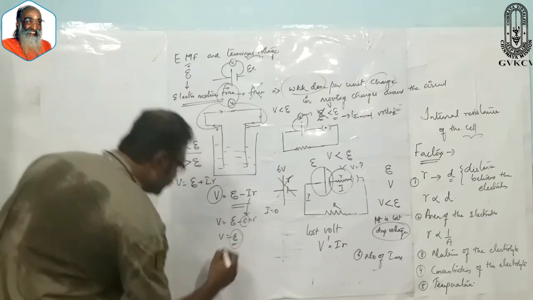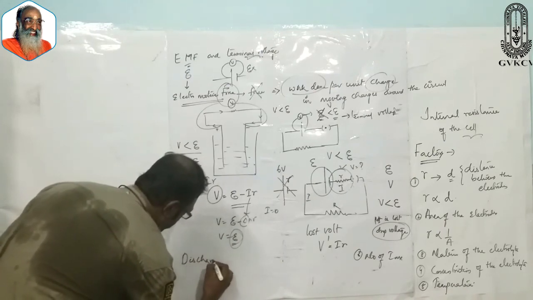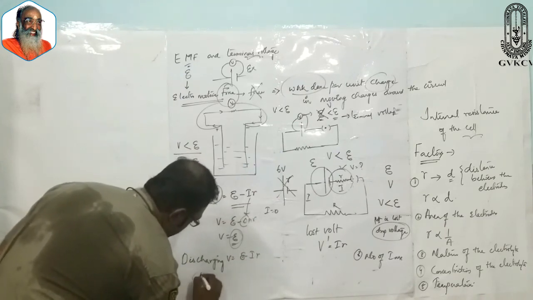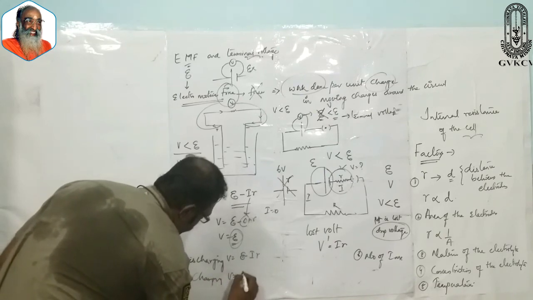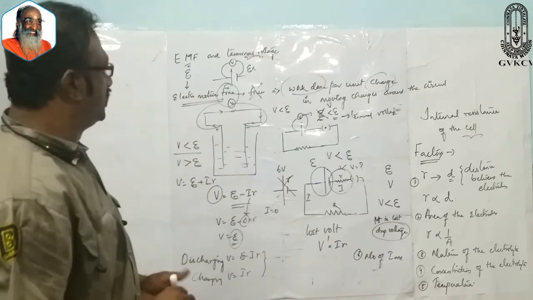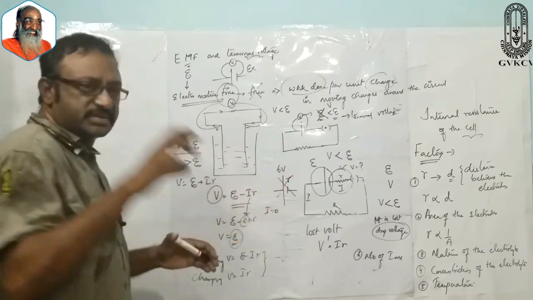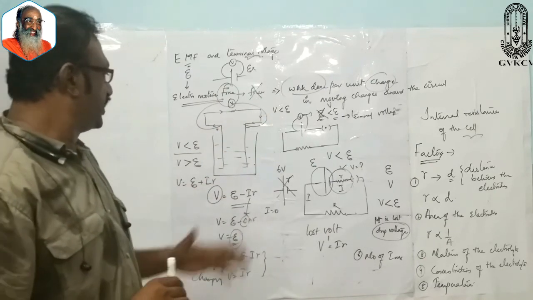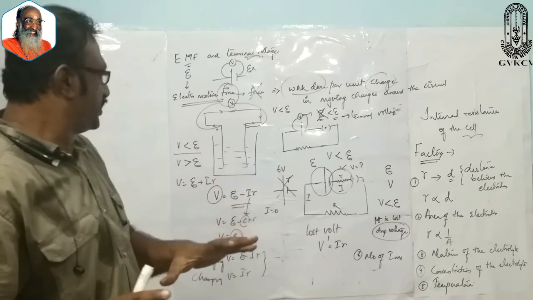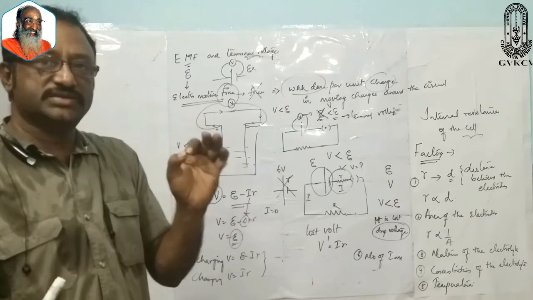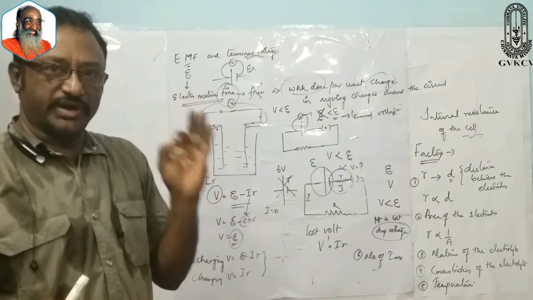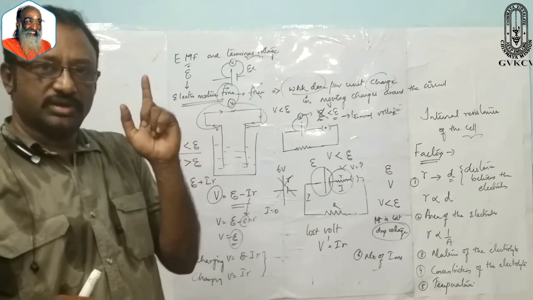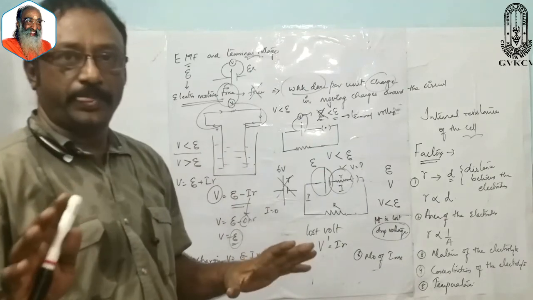During discharging, V = E - IR. While charging, it is V = E + IR. I gave all these things in a simple explanation, and in the next session we'll go with a more elaborate way of how we get this V = E - IR. Anyway, remember the formula V = E - IR: V is the terminal voltage, E is the EMF, and V = E + IR is for charging.